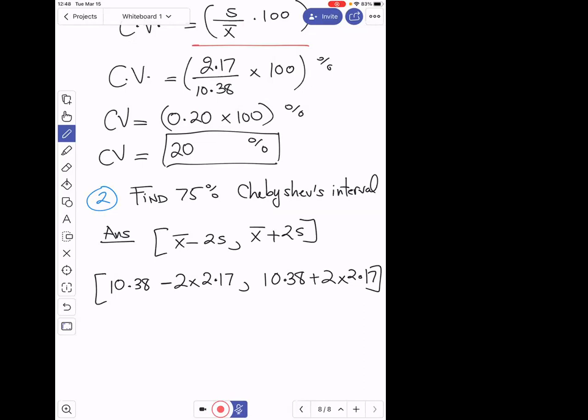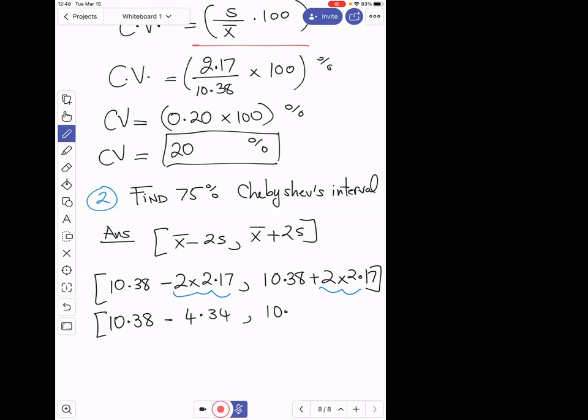Just be careful because of the PEMDAS rule: do the multiplication first. Multiply the $2.17 by 2 first, and that's $4.34.